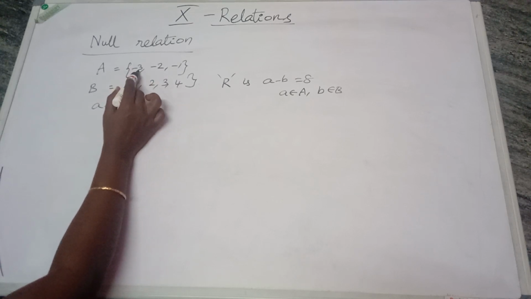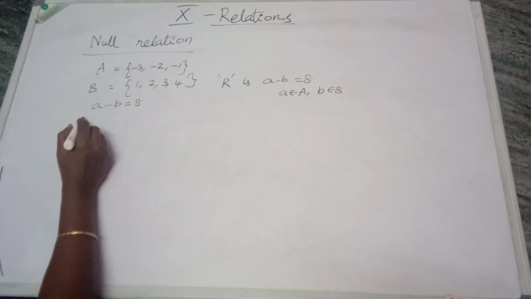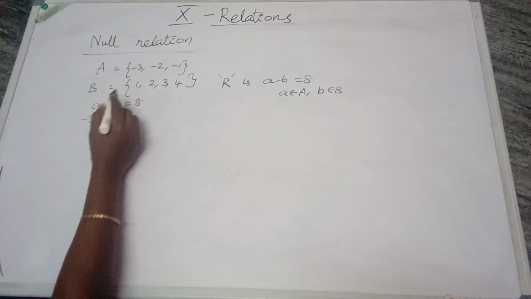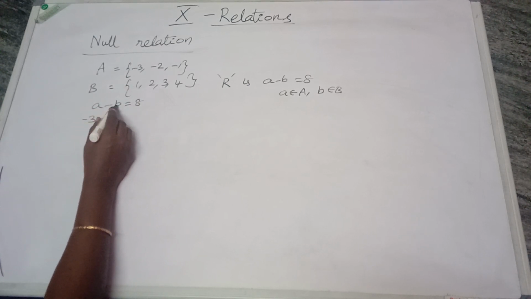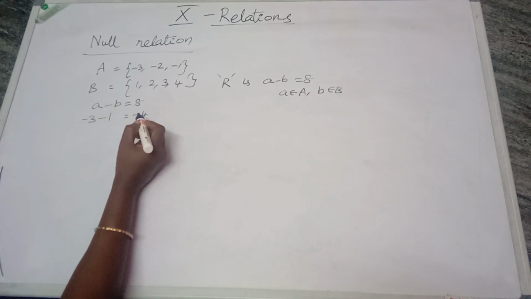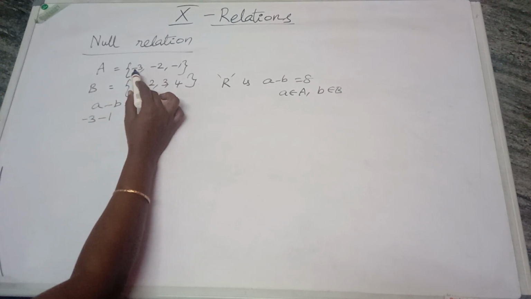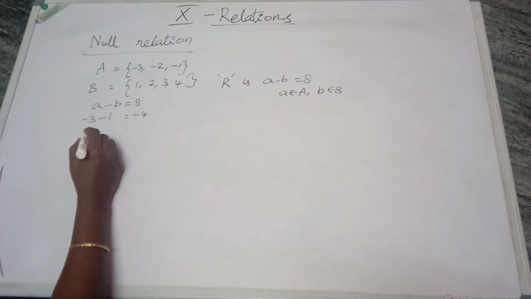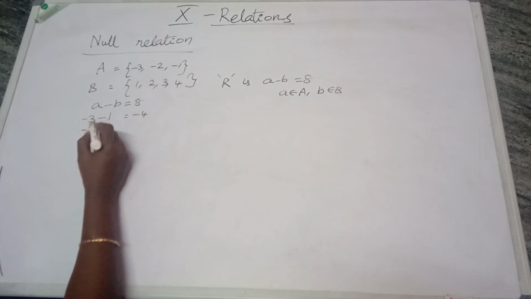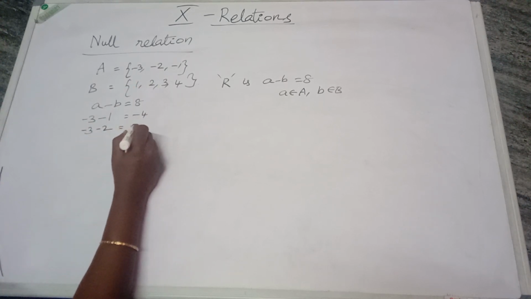If you take A equal to minus 3 and B as minus 1, then minus 3 minus of minus 1 gives minus 2; taking B as 1 gives minus 4. If you take minus 3 as A and 2 as B, it gives minus 5.